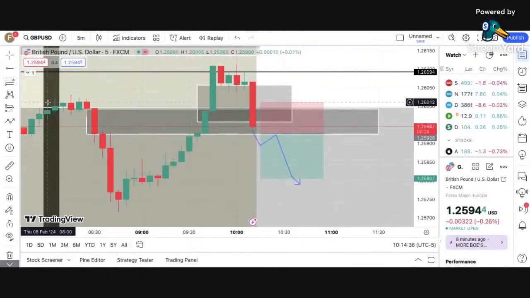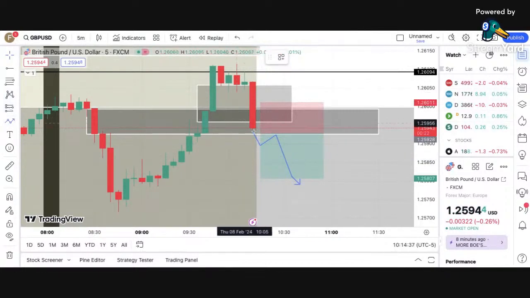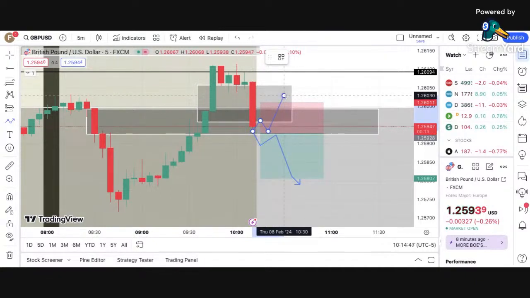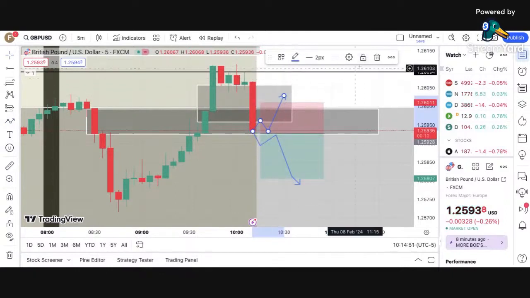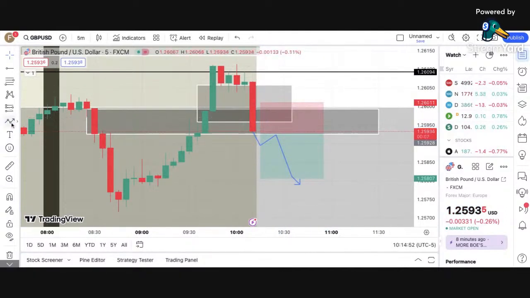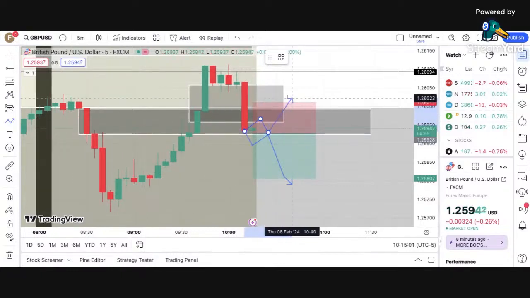Me just saying, for it to go up, it'll have to reject off this, come up, go down, and then go up. It'll have to reject off this, come back down. It'll have to show me the rejection.